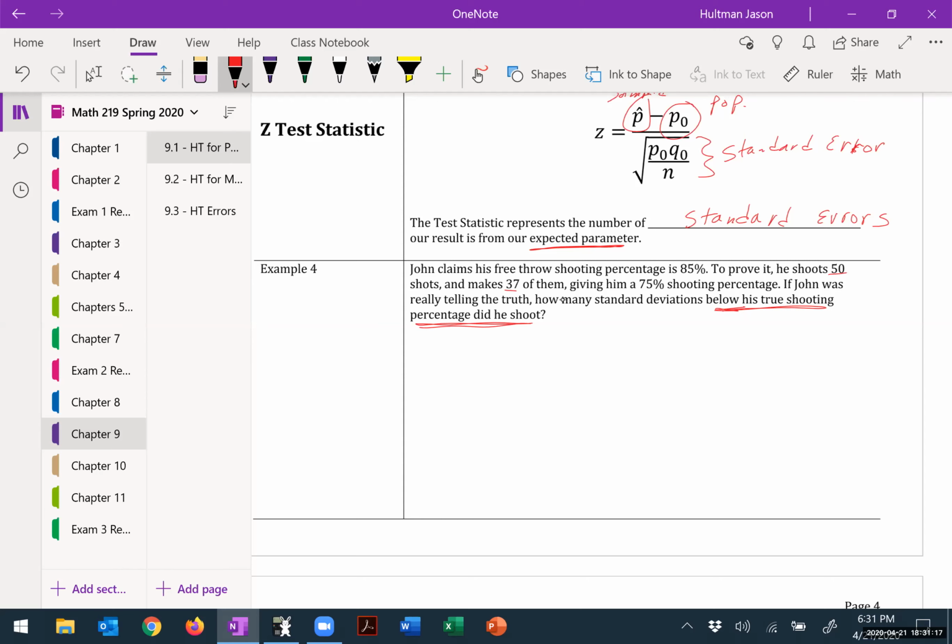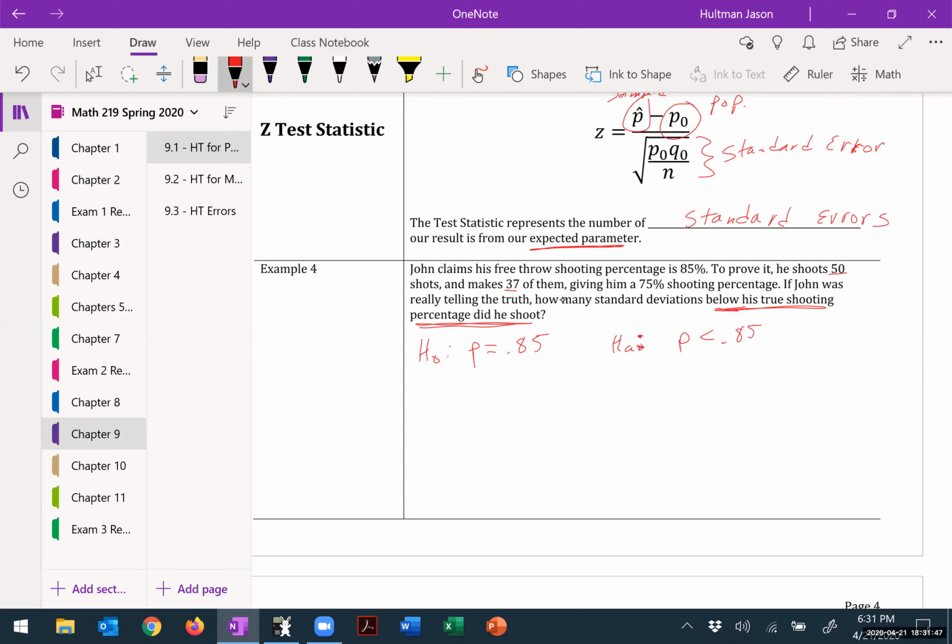So we're going to go to the null hypothesis here, which we found before: p equals 0.85. The alternative hypothesis is p is less than 0.85.